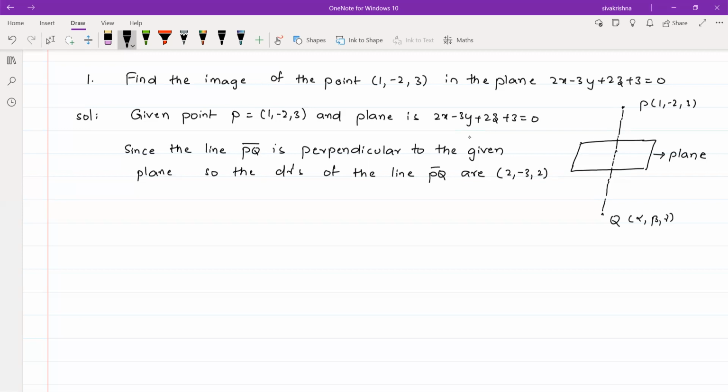Now we can find the equation of the line. Since we have a point and also the DRs of that line, we can find the equation of the line.